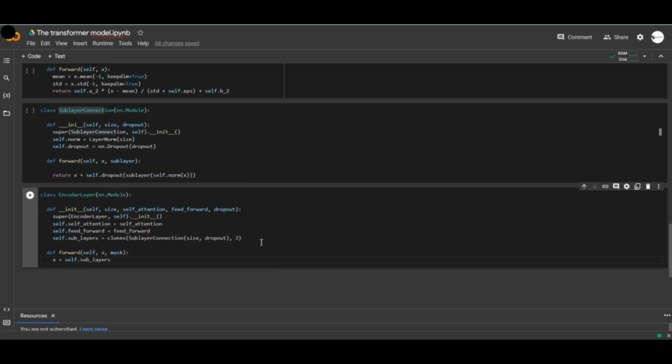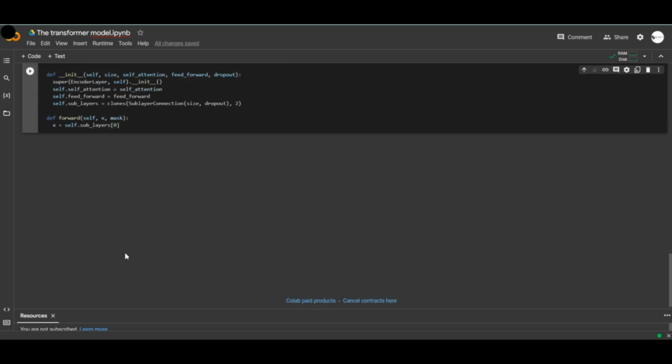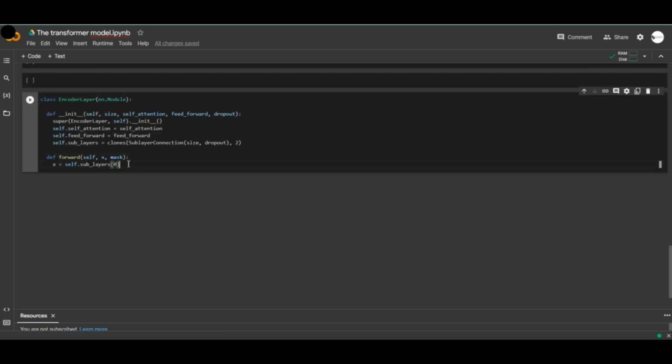We created this thing here, so at the first position we want to have attention. So we say x, lambda x, we apply self.self_attn, with x, x, x, and mask.